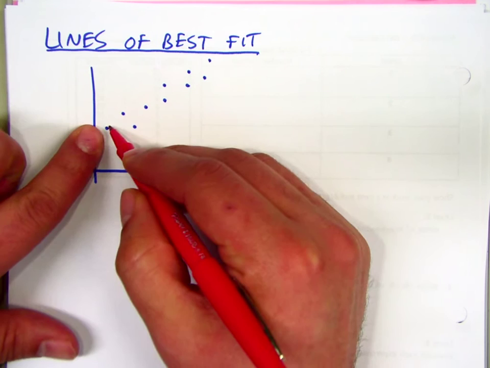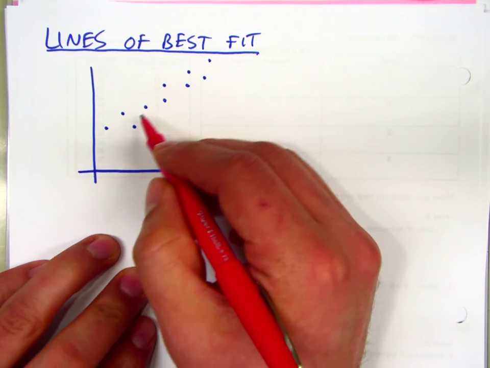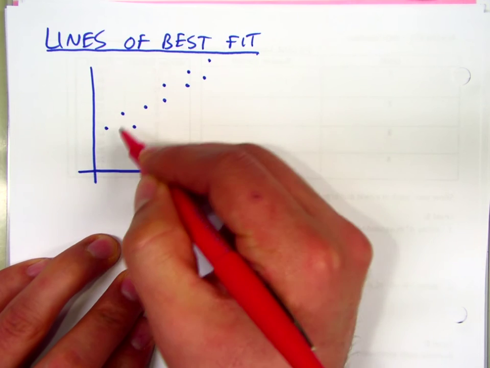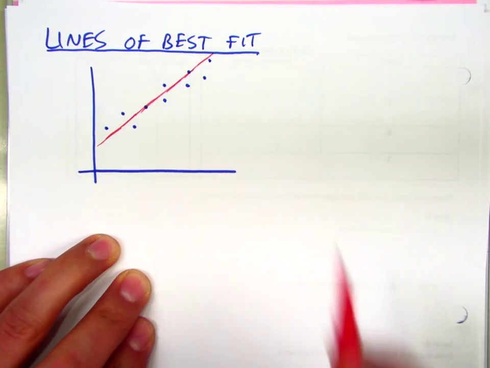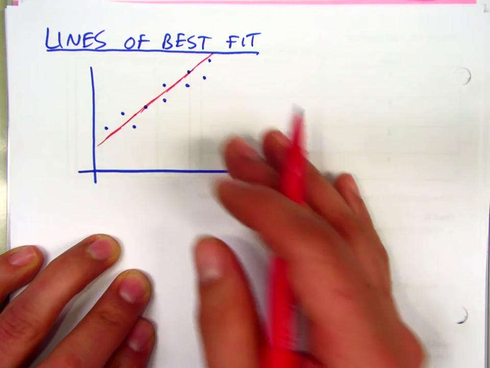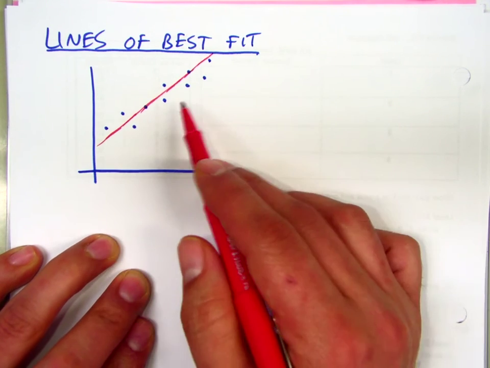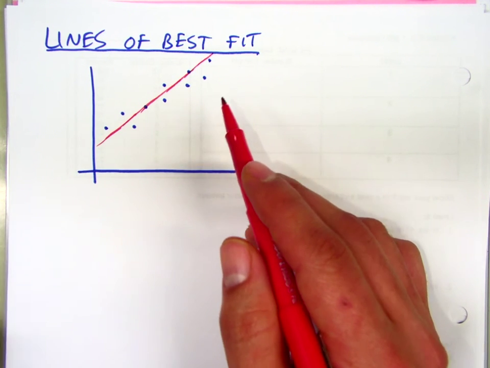I would try to kind of go through the middle. So maybe something like this, so that you have roughly about the same amount below or above. So this red line. In your science classes, I imagine you probably get out a ruler and try it, right?